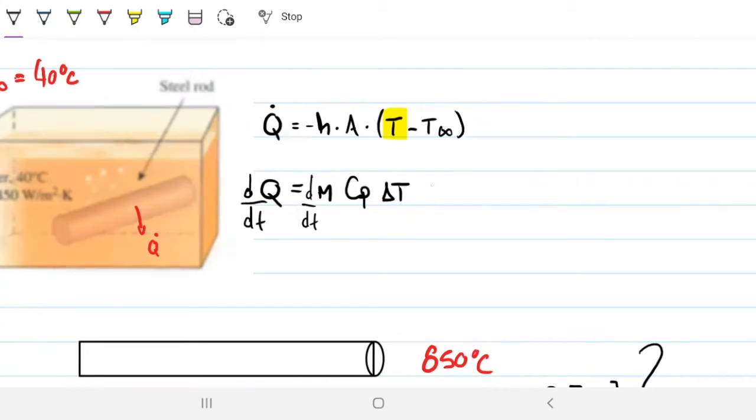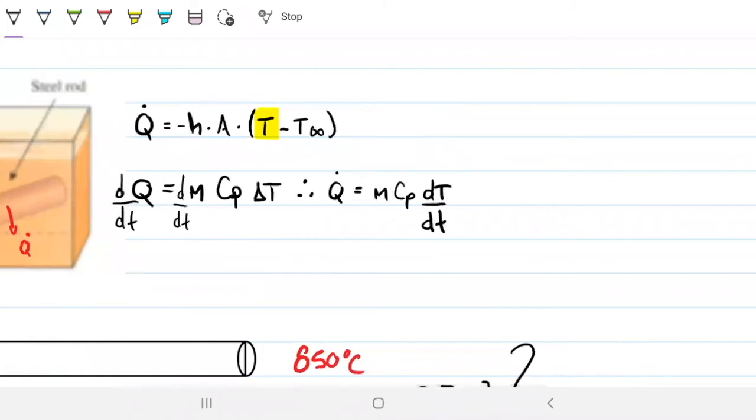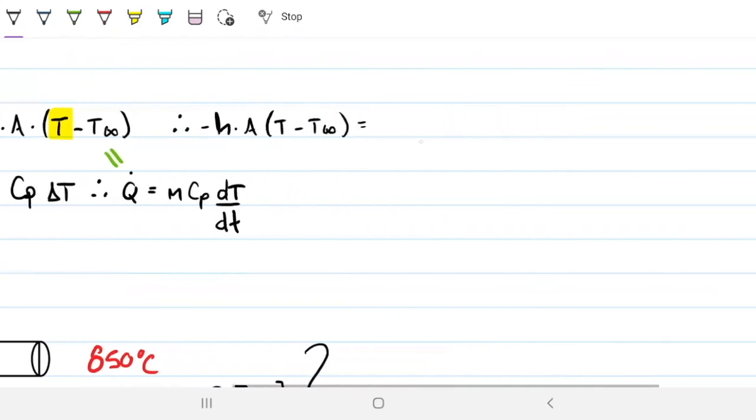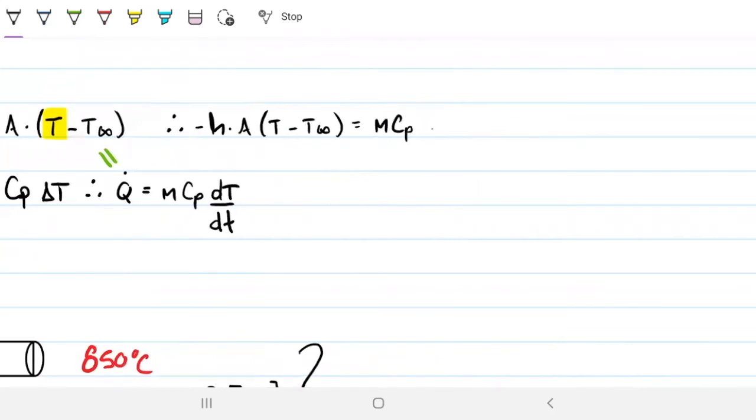So this is going to be something like this. Q dot on the left-hand side will be mass times C sub P, and then how my temperature is changing with time. That's my differential form. And I'm going to say Q equals Q, and this is going to give me the following. Minus hA (T minus T infinity) will be equal to the mass times C sub P times dT, the temperature, over dt, time.